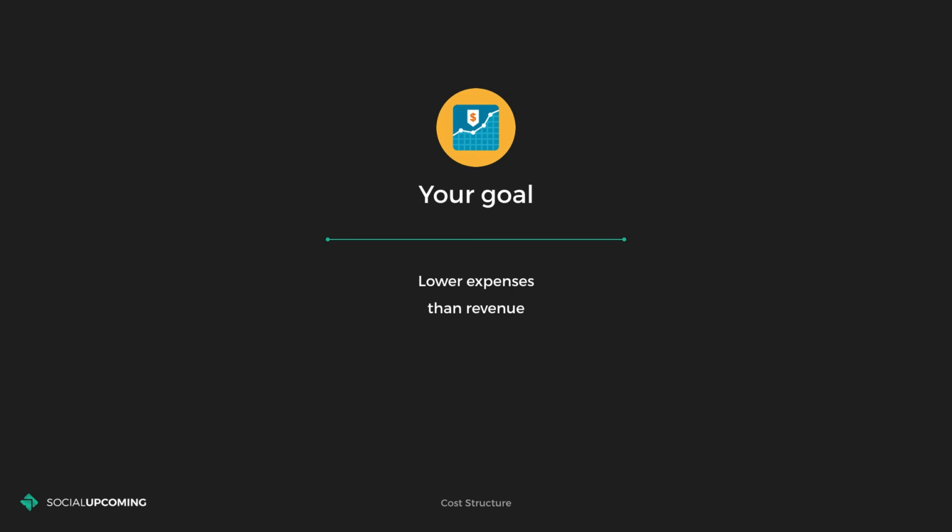And by decreasing all of these costs, you can increase the profit that you make on top. So it is really important to think about all the expenses that you have or calculate what your expenses will be, and then move over to see how you should price your product or service so that you make a profit and so that your expenses are lower than your total revenue.